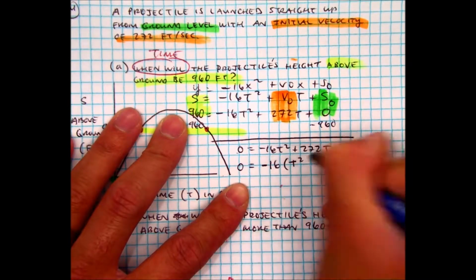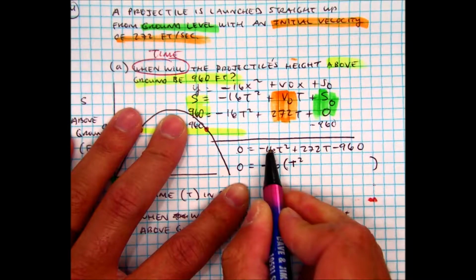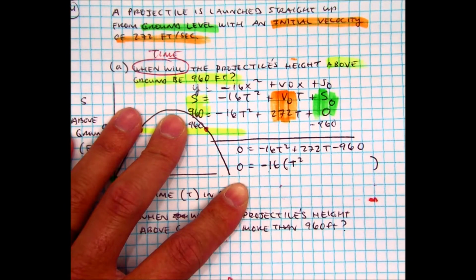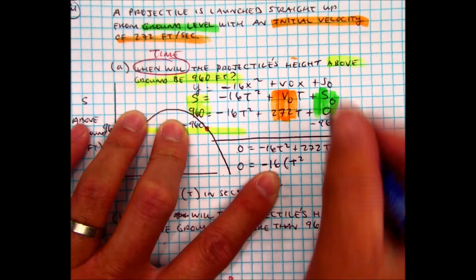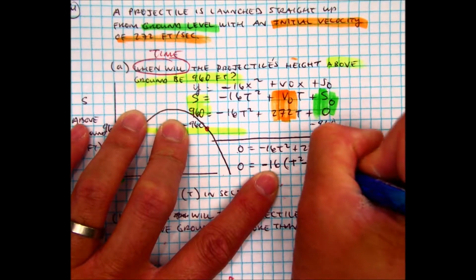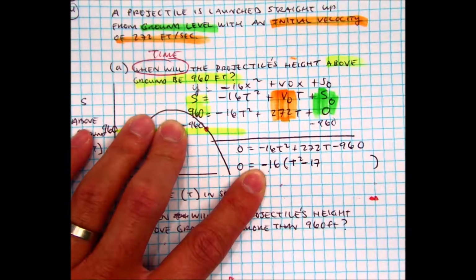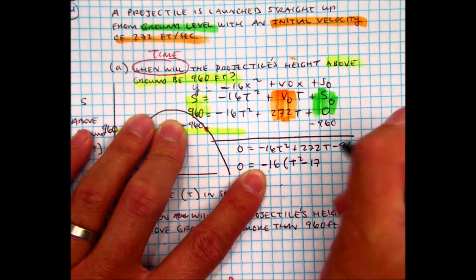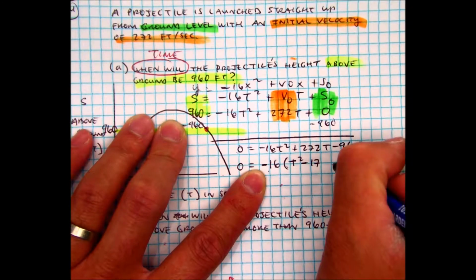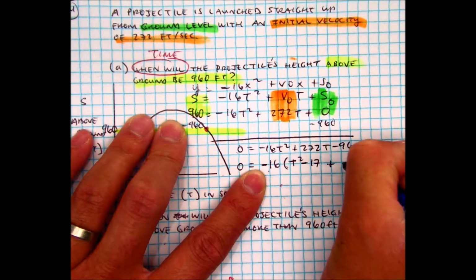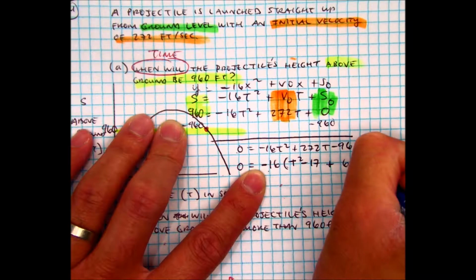That would be t squared. So I'm factoring out negative 16. 272 divided by negative 16 gives me negative 17. And negative 16 goes into 960 60 times. So that'll become a positive 60.